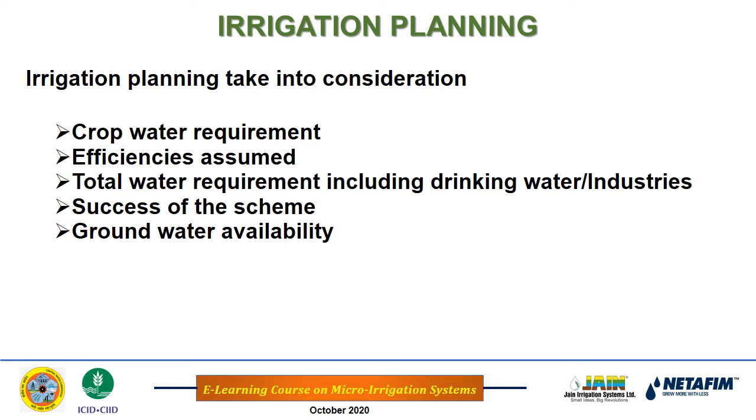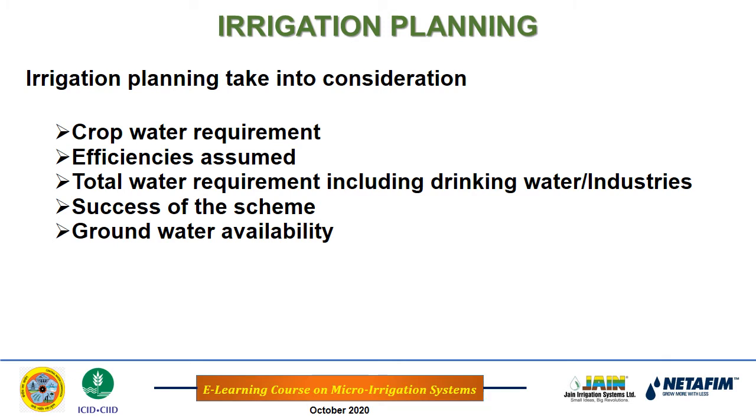Then the success of the scheme: any irrigation project is considered successful if in 3 out of 4 years we are able to fulfill our demands and grow our planned crops in the fashion which we have planned. So if we are successful in 3 out of 4 years, that is 75% successful, then the project is considered successful.